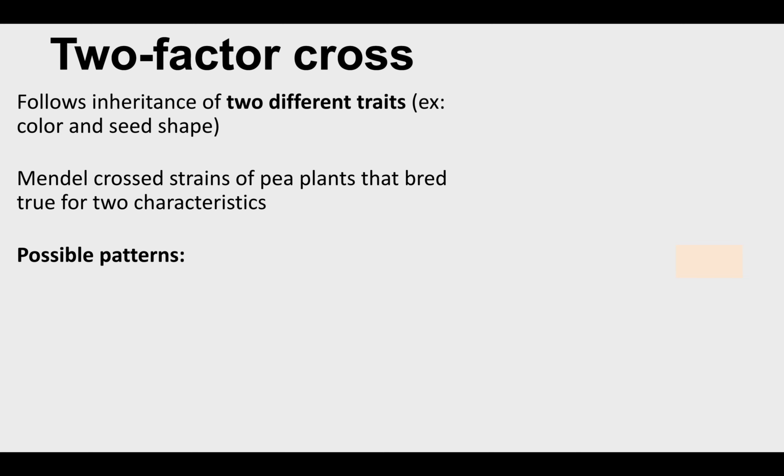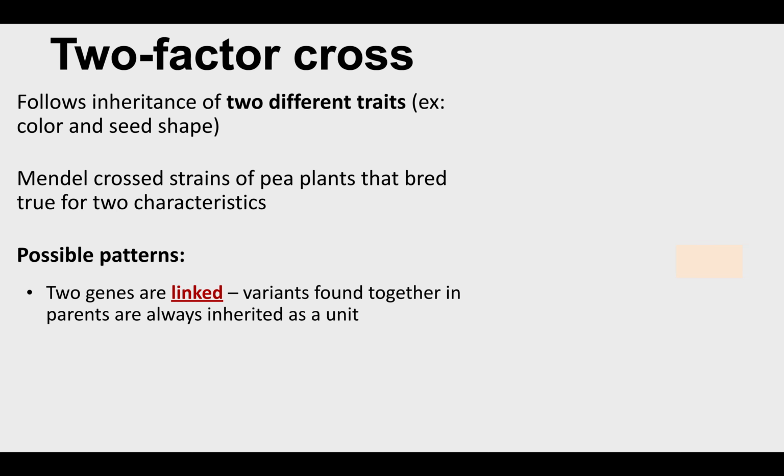Now, there can be two possible patterns. One pattern is that these genes could be linked. So if you find these genes together, you're always going to find them together. They're always going to be transferred from the parent to the offspring as a unit.